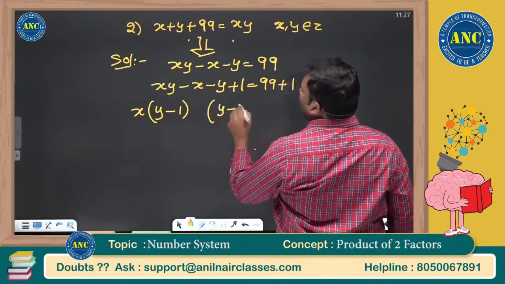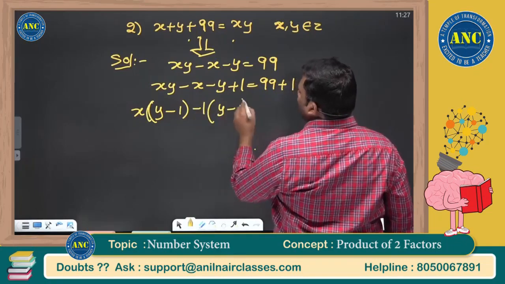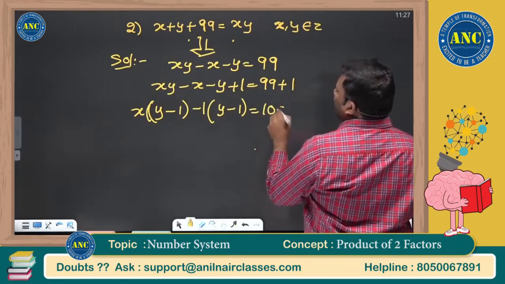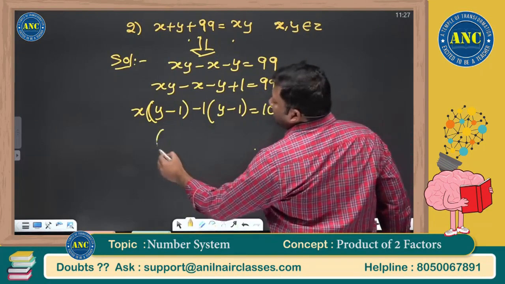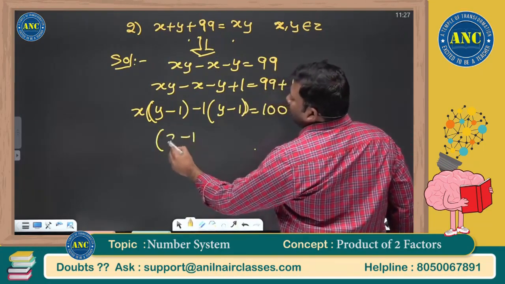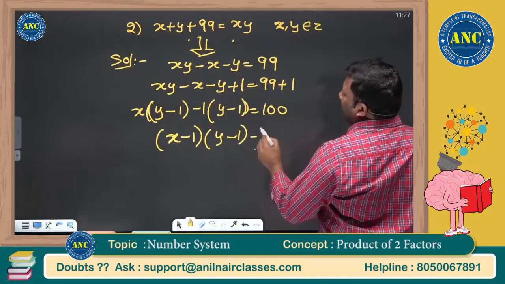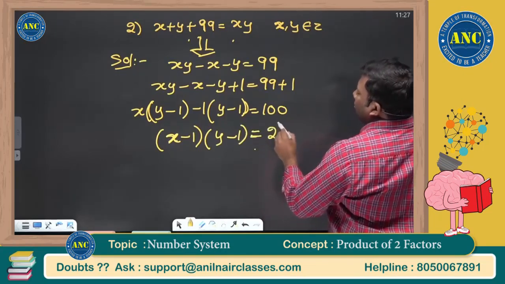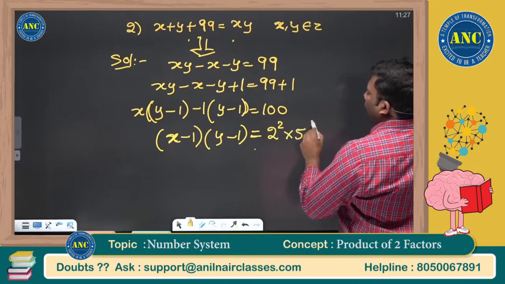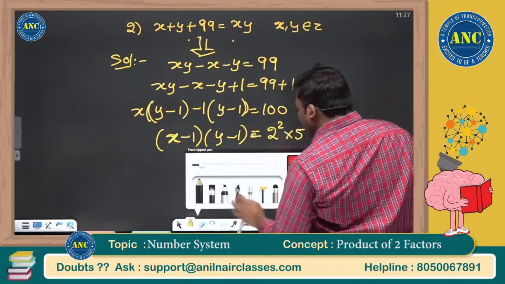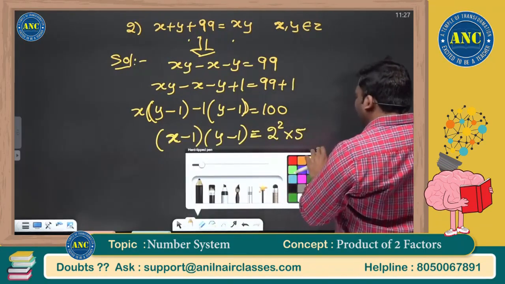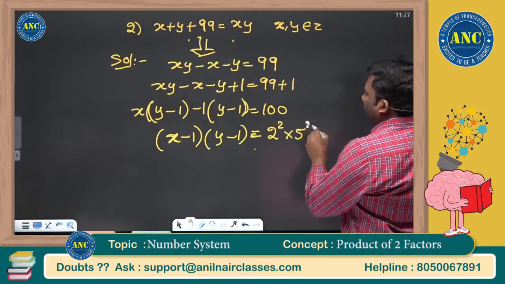Again y minus 1 common, it is minus 1. It is 99 plus 1, which is 100. So this can be written as x minus 1 into y minus 1, which is nothing but 100. 100 is nothing but 4 into 25, which is 2 square into 5 square.